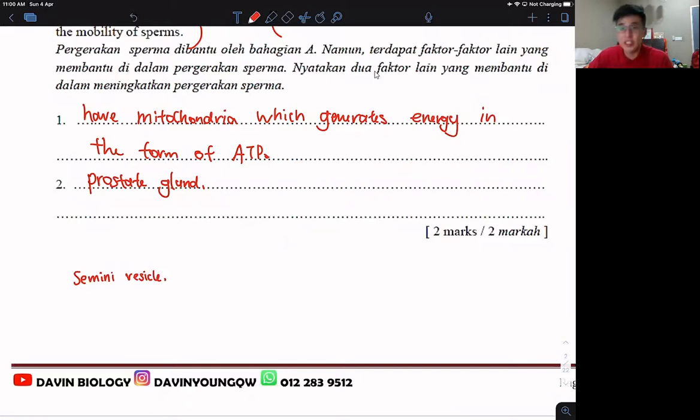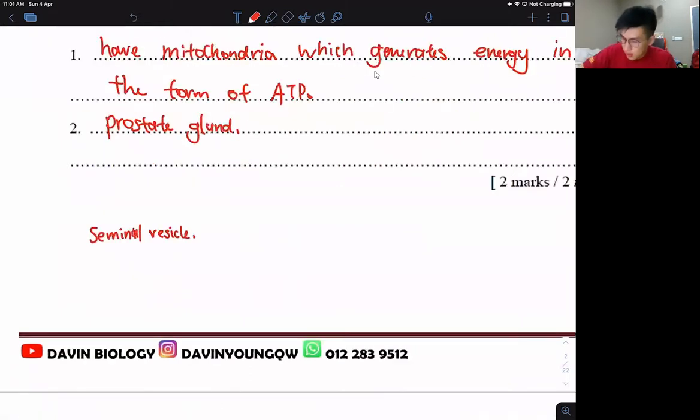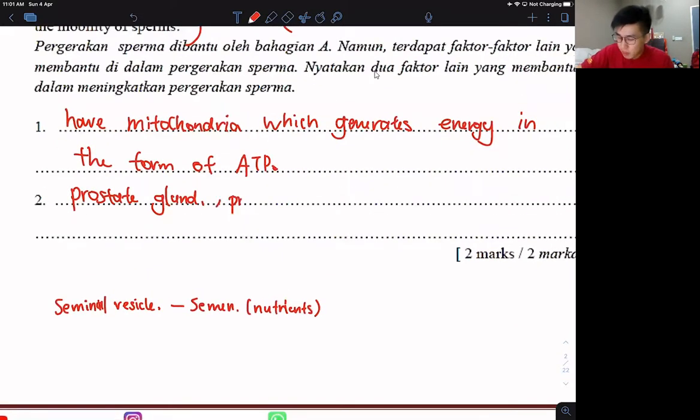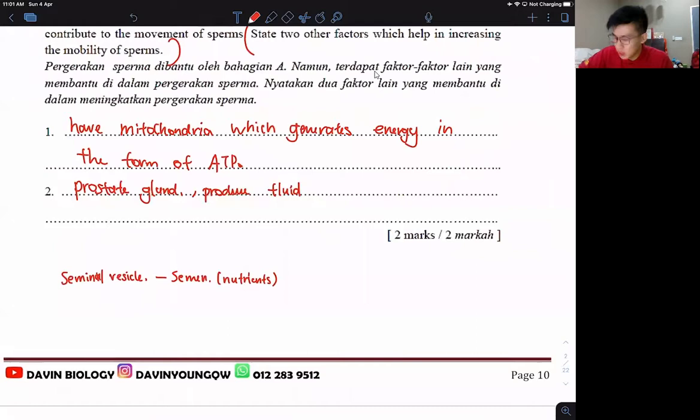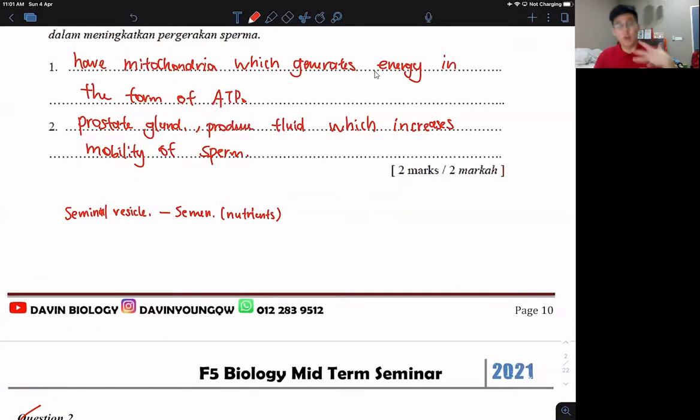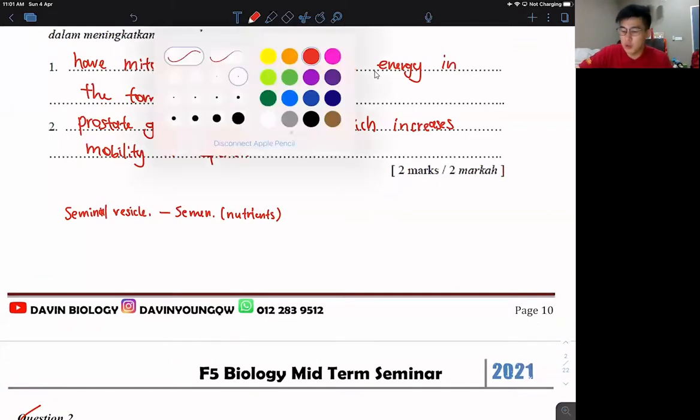Yes, the seminal vesicle is the one that produces semen. Semen is nutrients for the sperm to stay alive. The prostate gland produces a type of fluid which increases the motility of sperm. A lot of us get confused between these two. Even I previously was confused a bit.